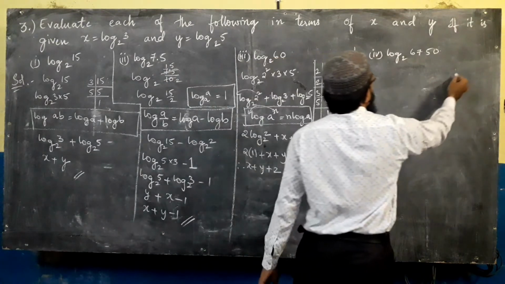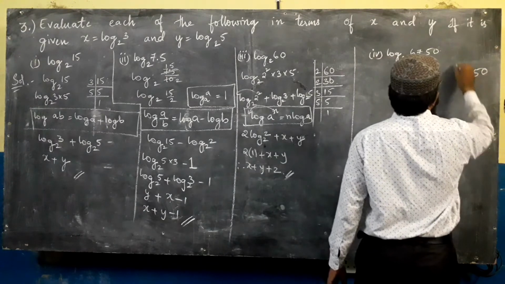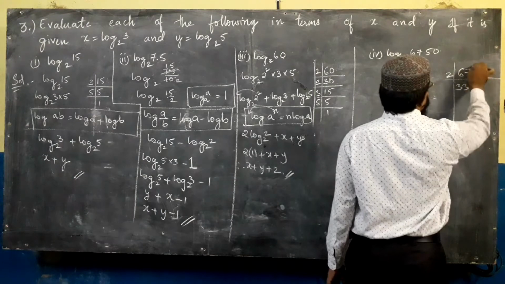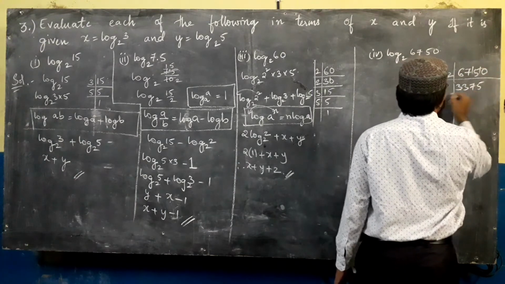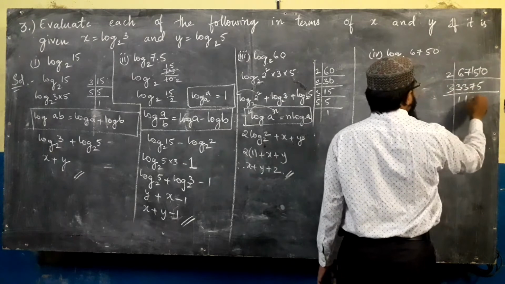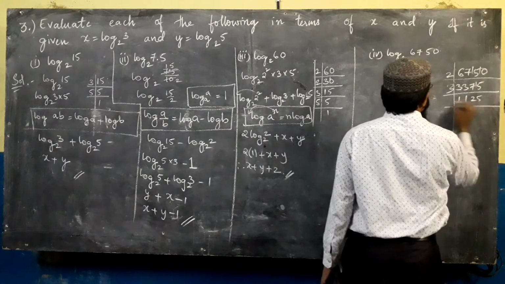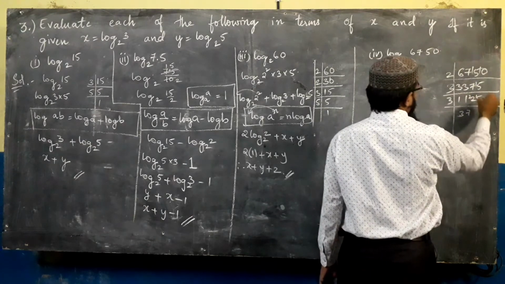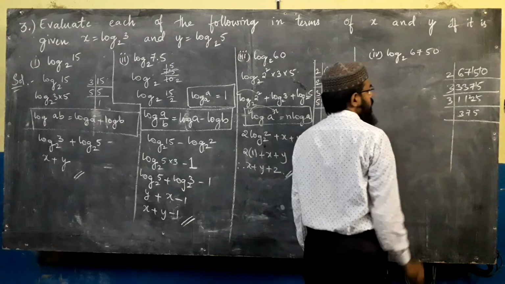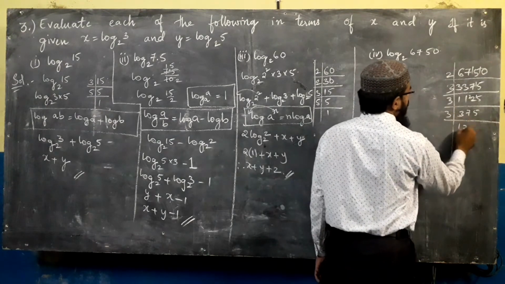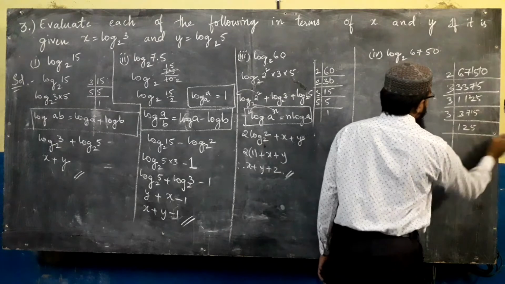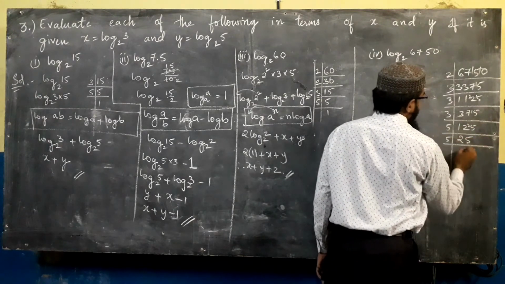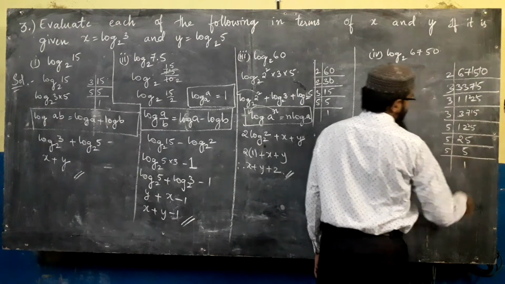Next, 6750. Take out the factors. 2 3s are 6, 2 7s are 14, 2 5s are 10, 3 1s are 3, 3 2s are 6, 3 5s are 15, 3 3s are 9, 3 7s are 21, 3 5s are 15, 3 1s are 3, 5 2s are 10, 5 5s are 25, 5 1s are 5.